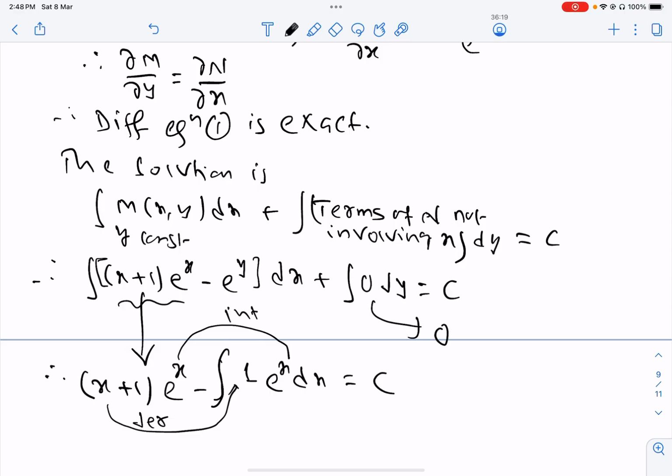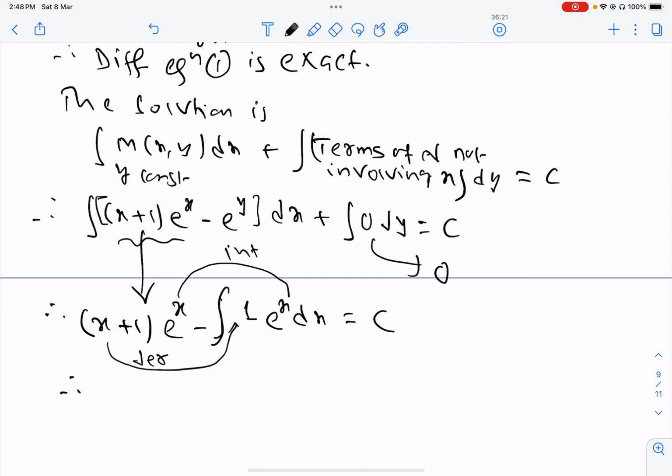This integration is e power x. So we have x plus 1 e power x minus e power x. One more thing we need to take care of: the integration of this e power y is also there.